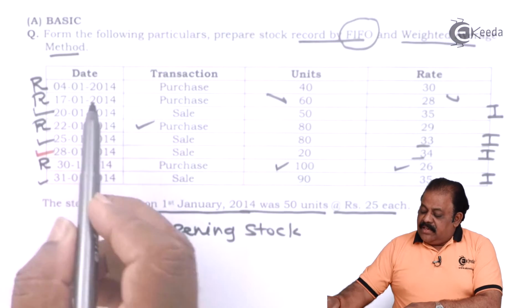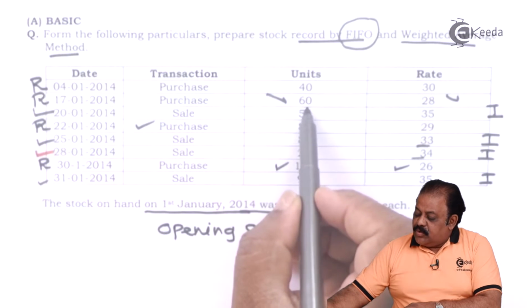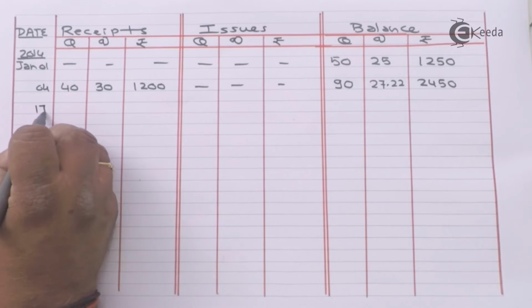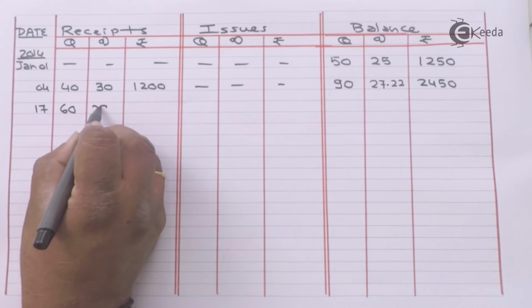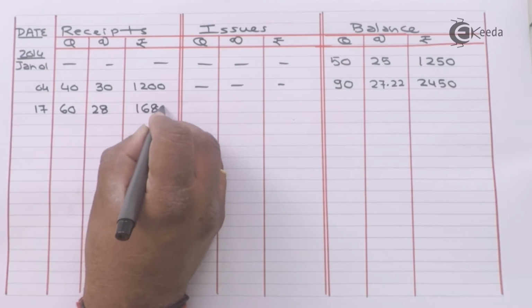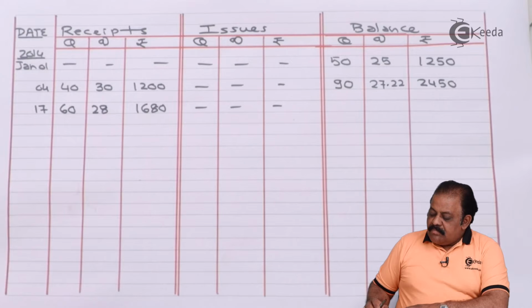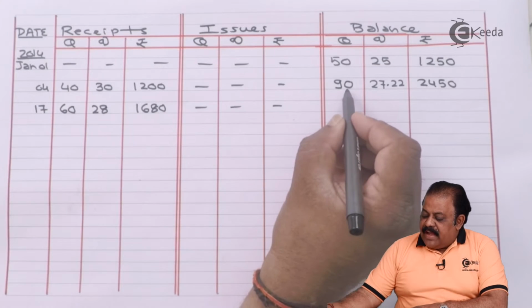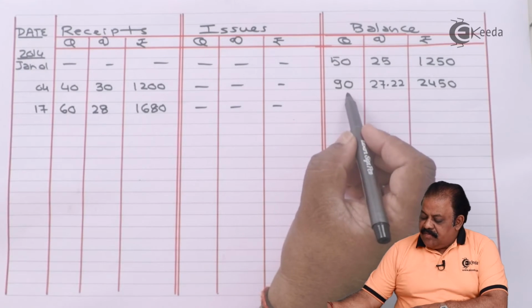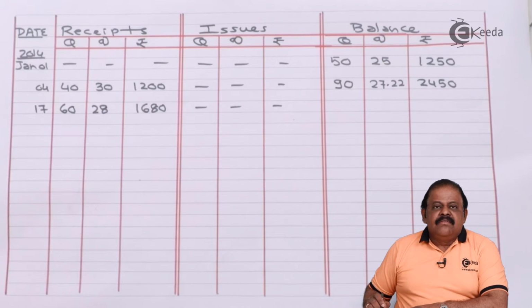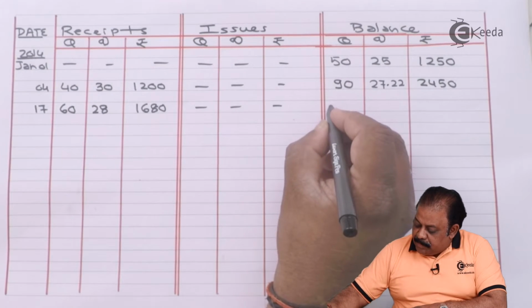On 17th January, there is a purchase of 60 units at the rate of 28. It will be 1680. Now existing stock we have 90 units, fresh purchase is 60 units. So 90 plus 60, it will be 150 units.